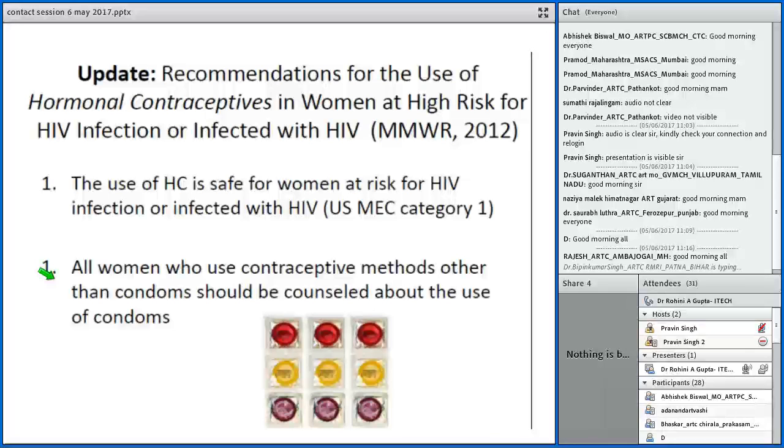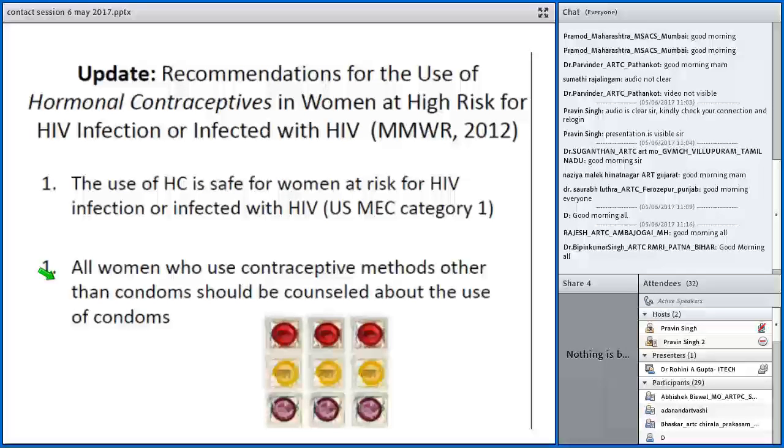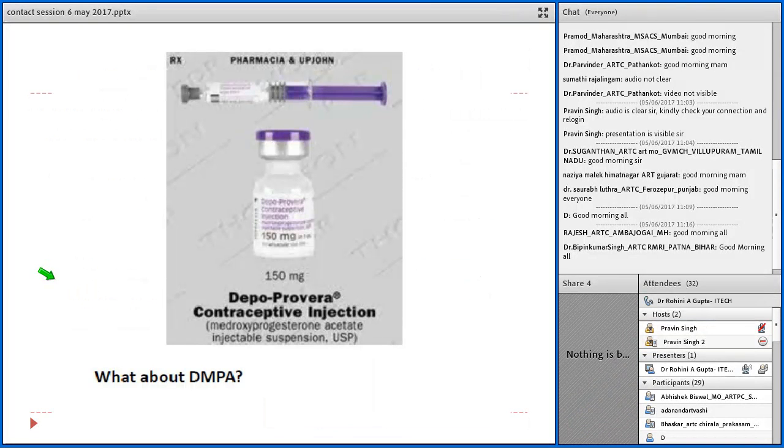And all women who use contraceptive methods should be counseled that condom use is important. It is not that you are taking oral contraceptives and you do not use condoms. So condom use is very important as it will protect from STIs and protect from reinfection by a different strain of HIV.